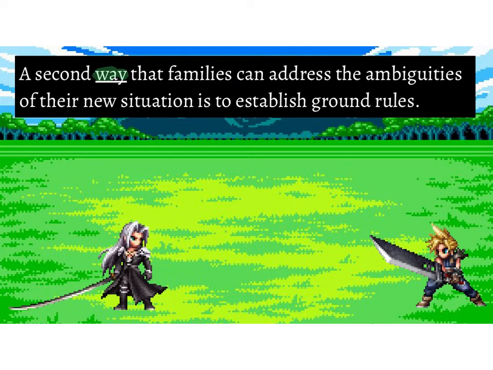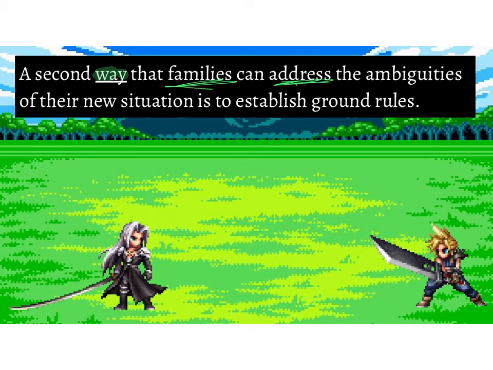So again, I've got to identify some kind of concrete something that's going to perform an action. And if I look, the verb in the sentence is actually address. If I look at who or what is doing the addressing, families is the concrete noun that's going to perform the action.